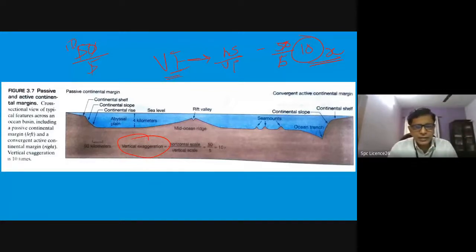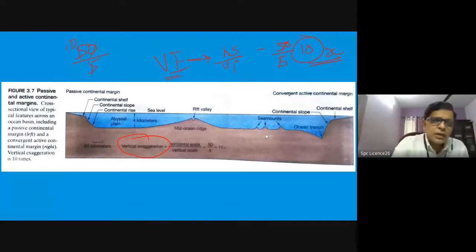So even that scale is 10 times. This is also 10 times, and that's why we can see these mounds, and particularly the sea mounds. If you put it to the right scale, they would hardly be seen, just minor undulations on a plain line.